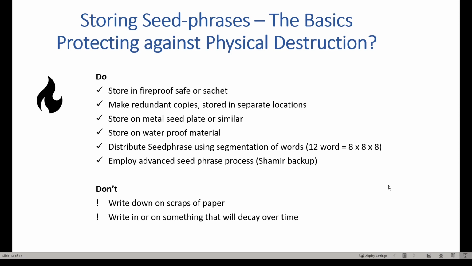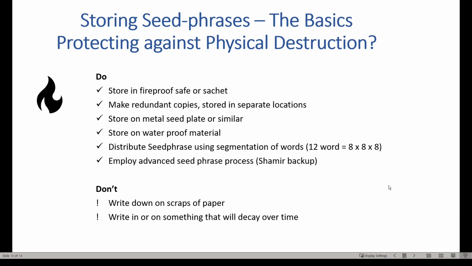They've got really good resistance to high temperatures like fires, and to corrosion, so water damage, things like that. So they're probably one of the better devices and materials you can store your seed on to protect against physical destruction.